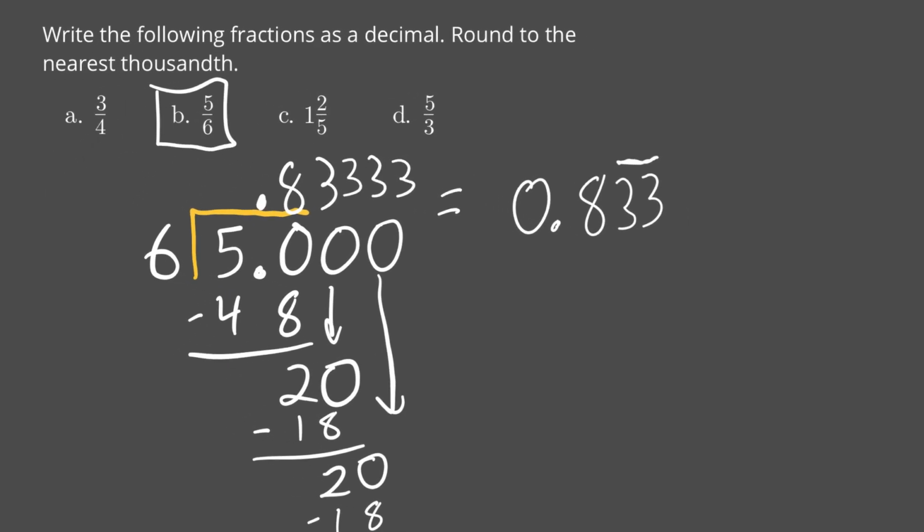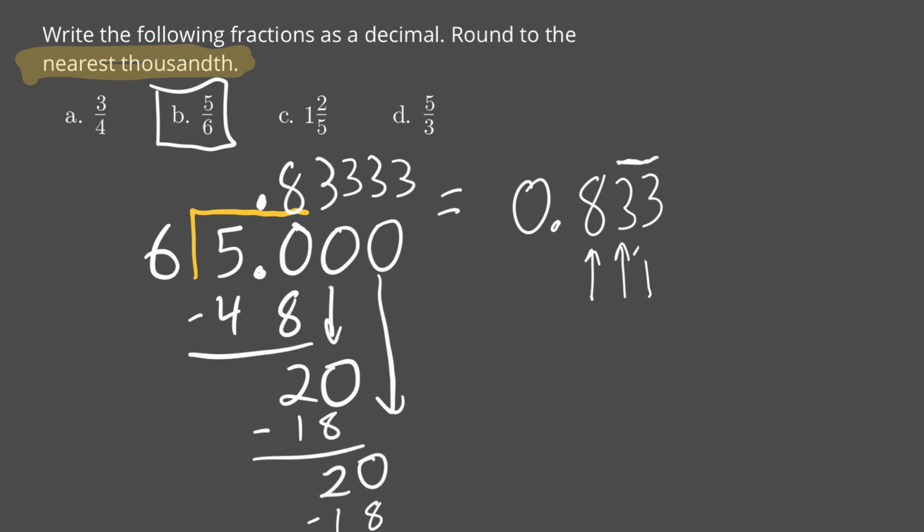It says write it and round to the nearest thousandth. So we have to understand what that means. Well, the thousandth place is going to be your third decimal place. The first is tenths, then hundredths, then thousandths. So we want to round to that third decimal place.